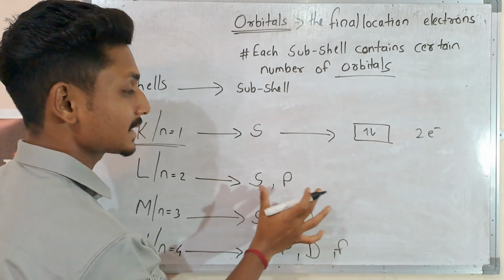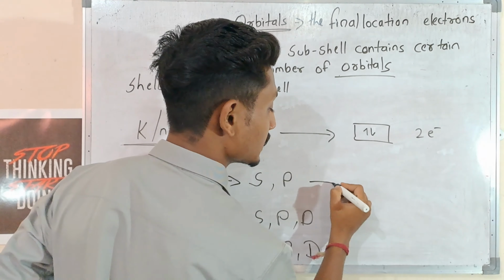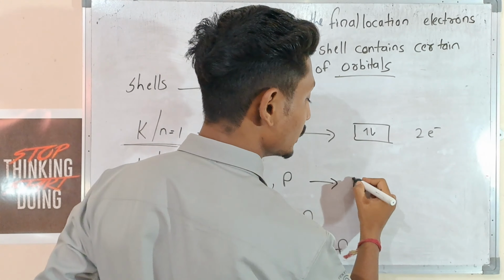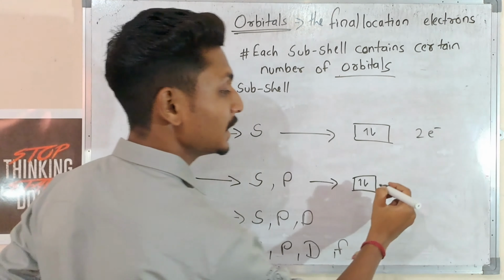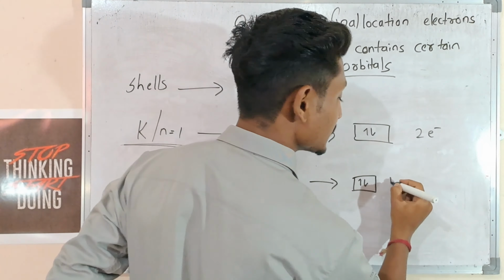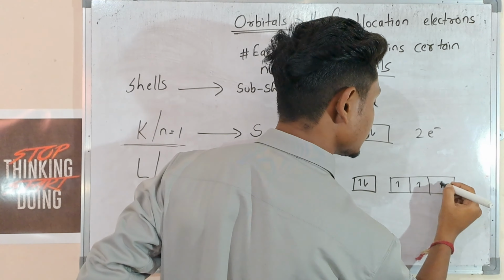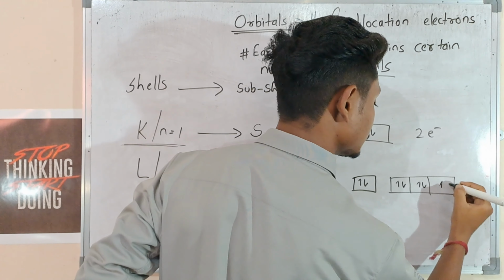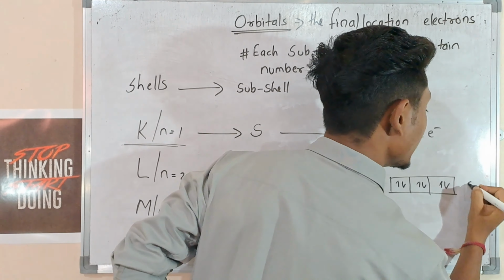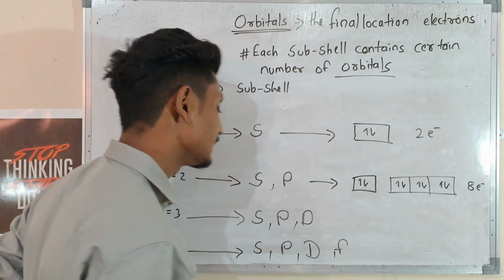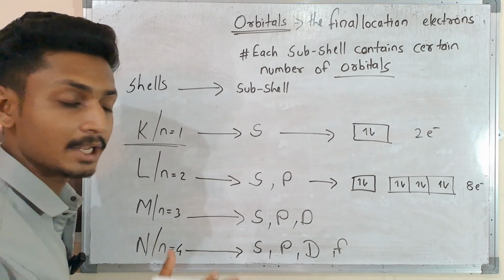The second shell, represented by L, contains two subshells S and P. S has only one orbit containing two electrons, and P has three orbits containing six electrons. Total 8 electrons are present in our L shell.